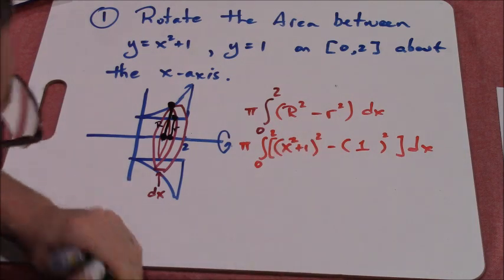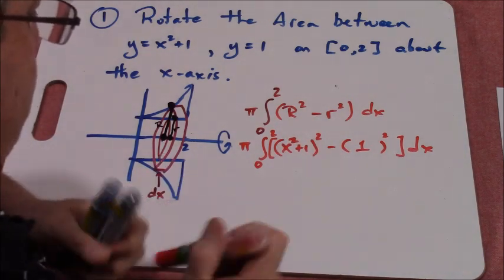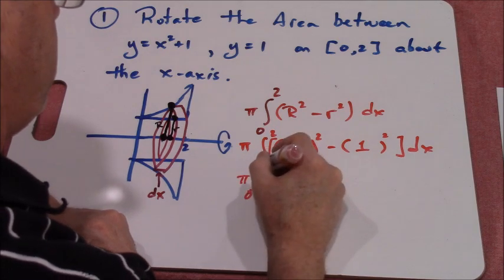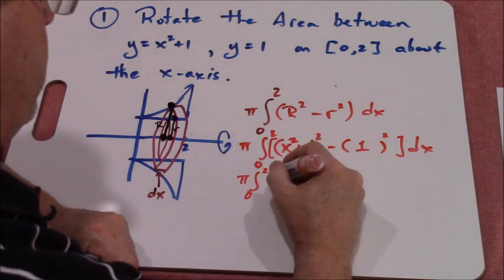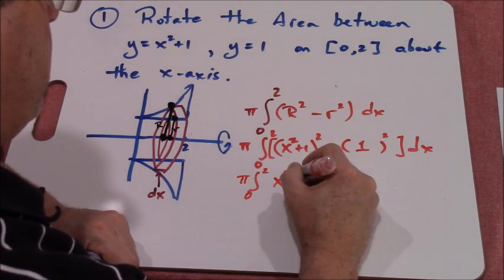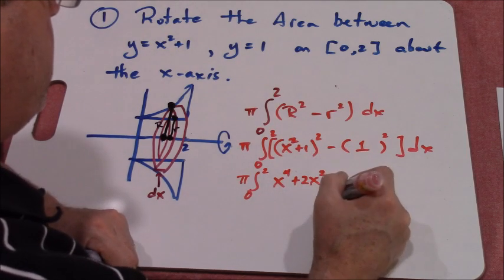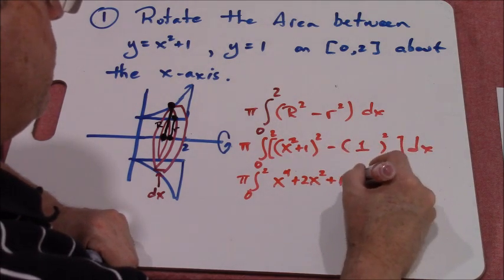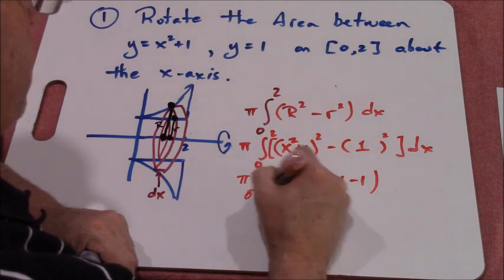All right, now we have an integral to solve. I'm going to go ahead and square this, so I'm going to get pi times the integral from 0 to 2. Square the first term, you get x to the 4th. Multiply the 2 and double it, you get 2x squared plus 1, and then minus 1 dx.